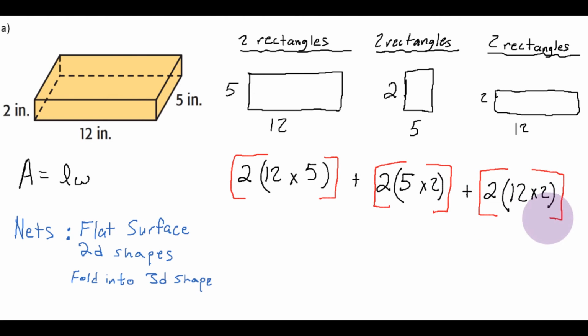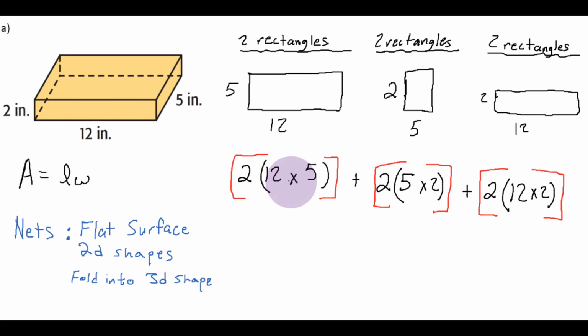Notice how the brackets are separating each individual problem before I add. I want to make sure that I find the area of both shapes here before I add it to any of this other information. And I want to do the same for these 2 rectangles, and the same for these 2 rectangles. Find the area of each individual rectangle before you add the information together.